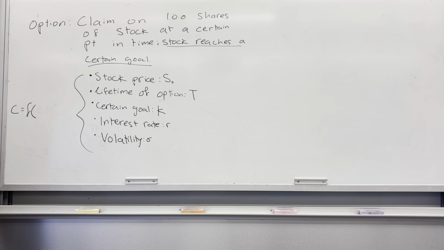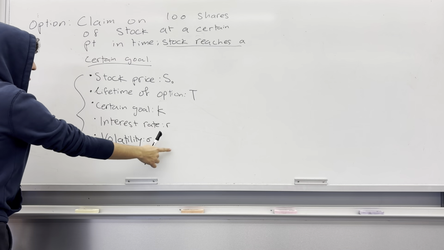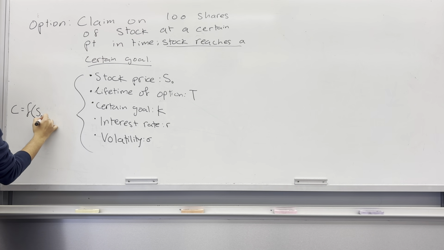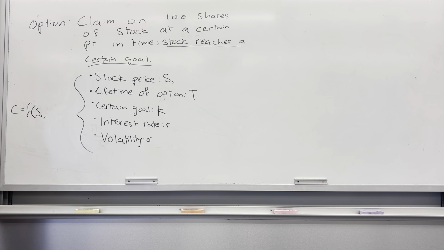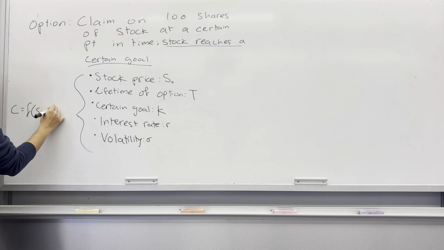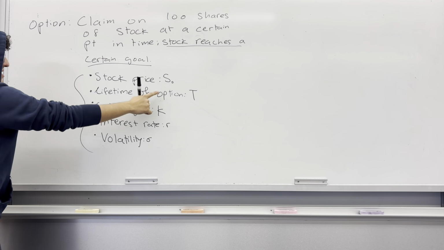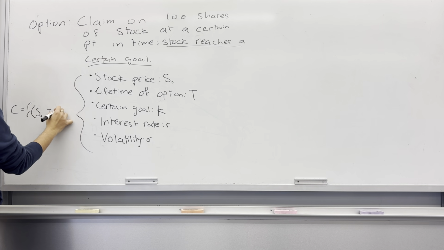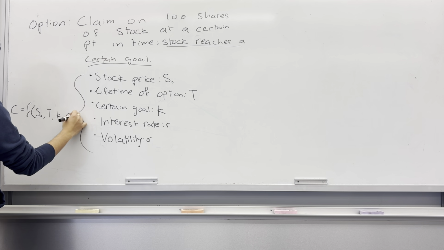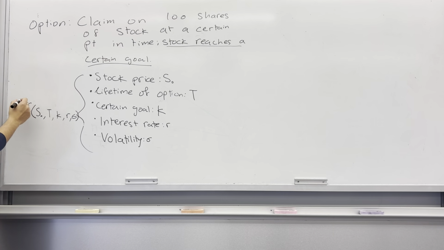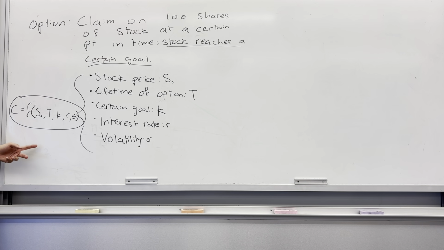These are all the variables in it: stock price S0, lifetime of option, strike price, interest rate, and volatility. This is the mathematical model behind how options are priced.